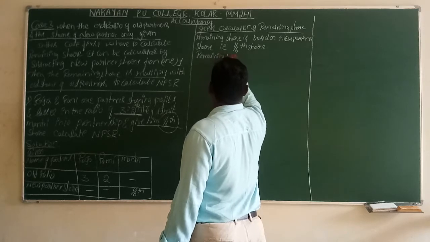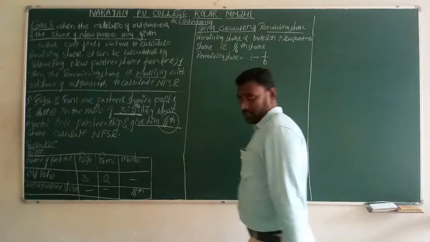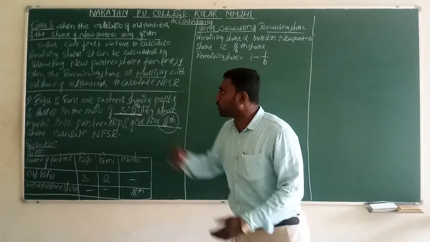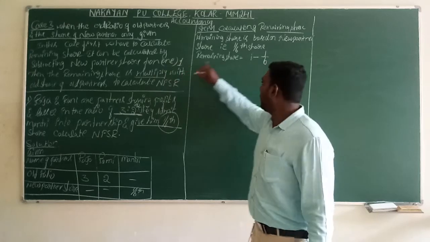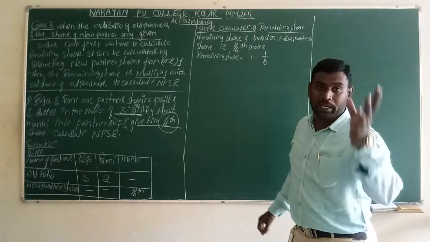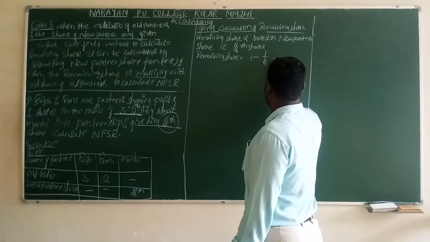Remaining share is equal to 1 minus 1 divided by 6, because the remaining share is always the subtraction of the new partner share from 1.